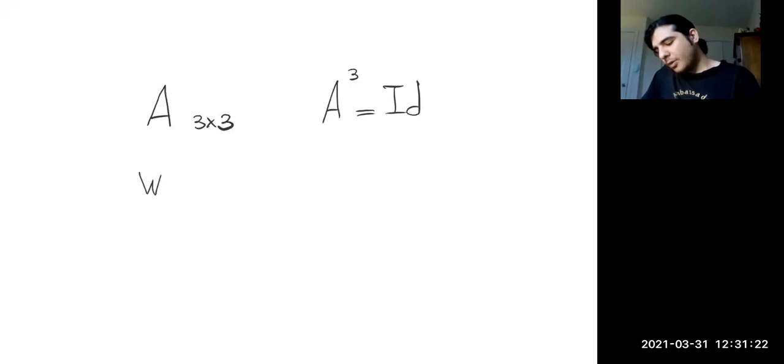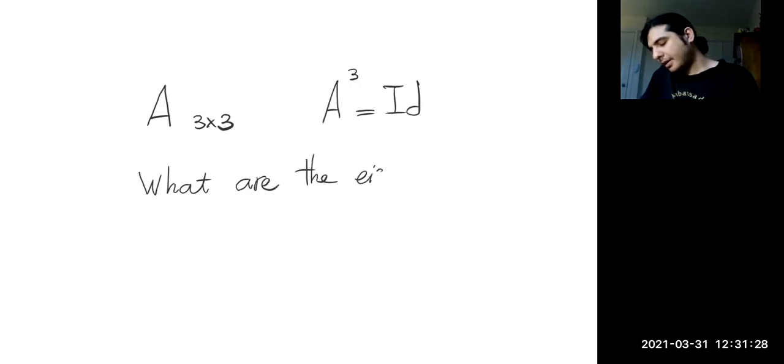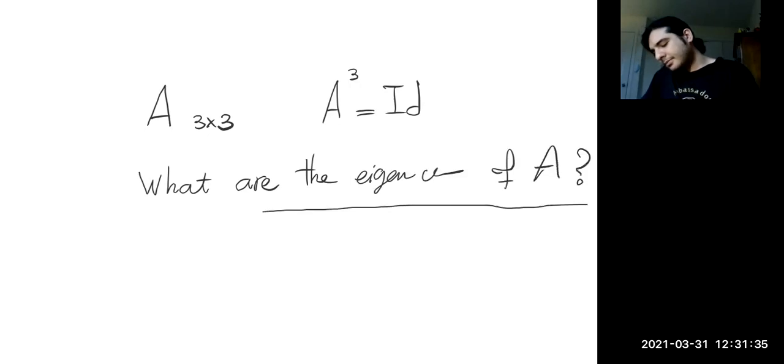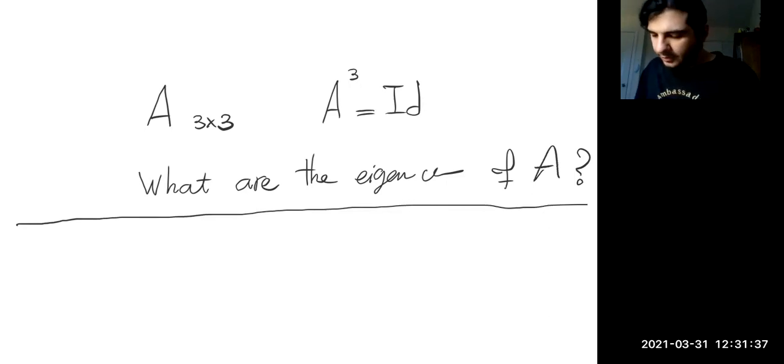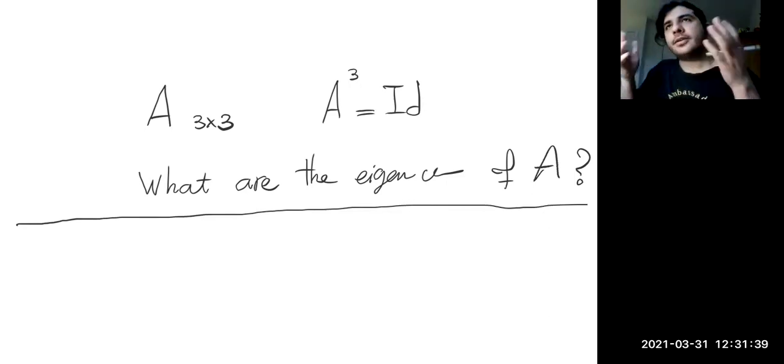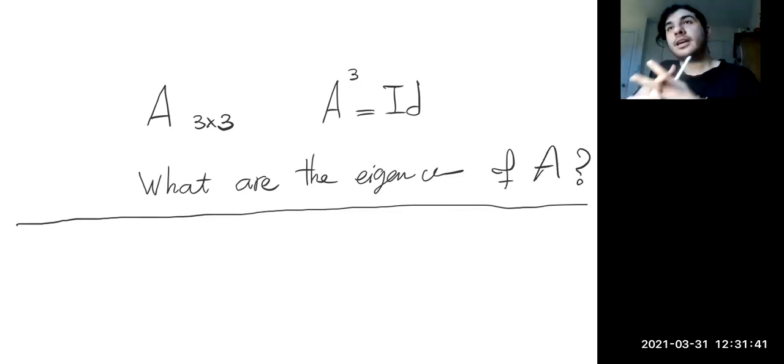And the question is, what are the eigenvalues of A? That's the question. So think about this for a minute. I want to use this theory of characteristic polynomials and minimal polynomials to tell you how we can solve these questions.